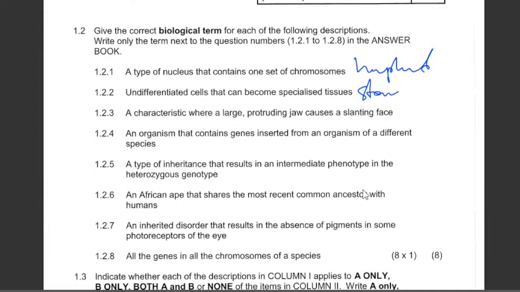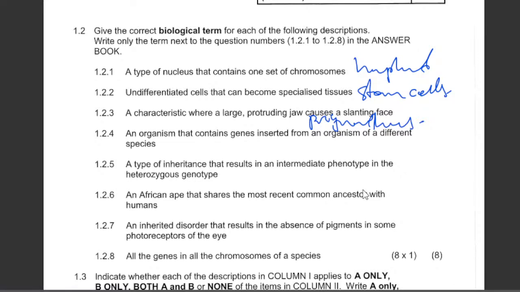Okay, this is stem cells. Then they're saying a characteristic where there are large protruding jaws. This is called prognathism. They're saying the organism that contains genes inserted from an organism of a different species. How do we call these organisms?